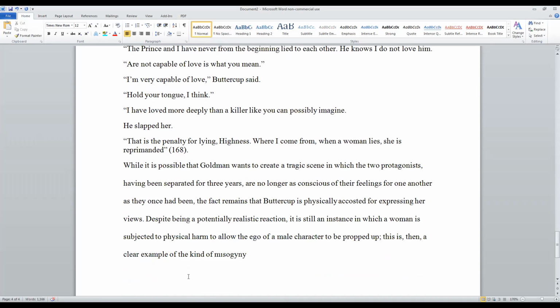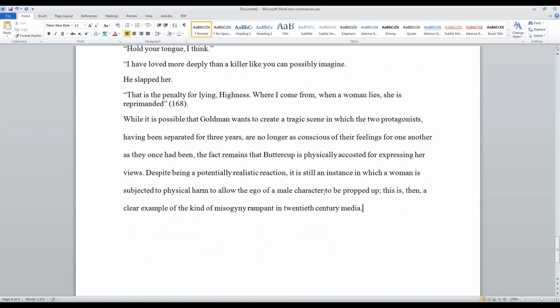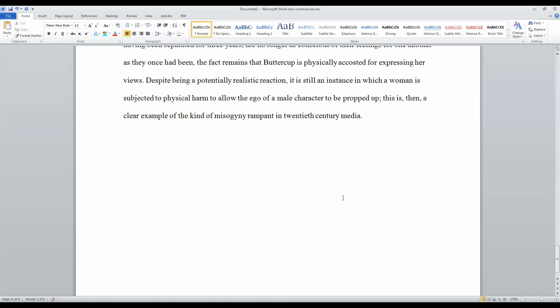Of the misogyny rampant in 20th century media. Okay, so here we're on 4 pages. We got, look at that, 1,000+ words. And we're ready for our summation. And we can make that a short one because, like I said, we're doing just fine with our time and space.